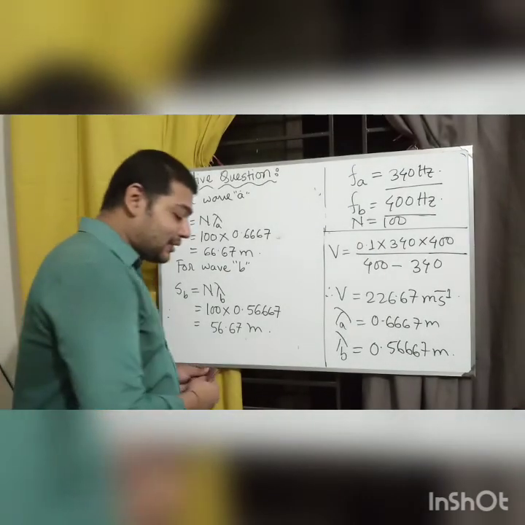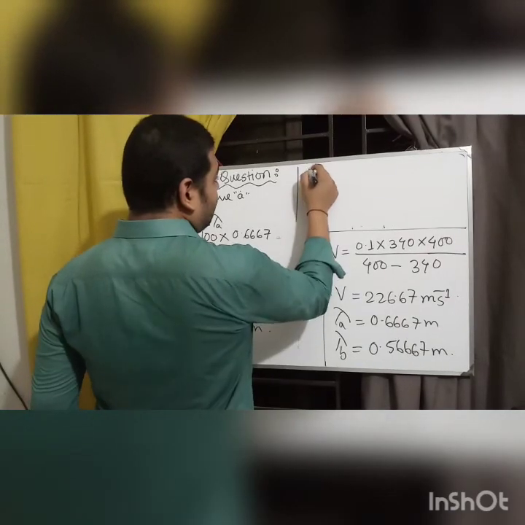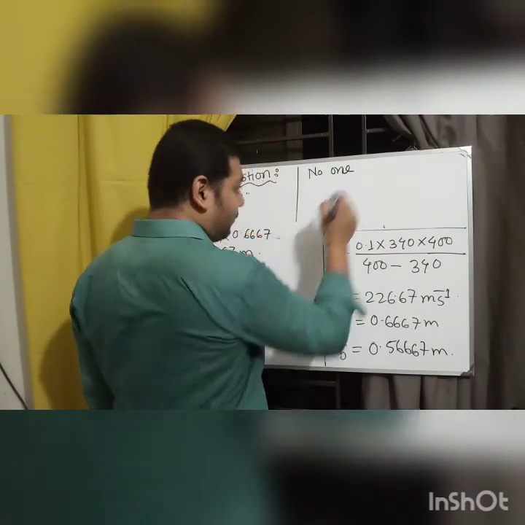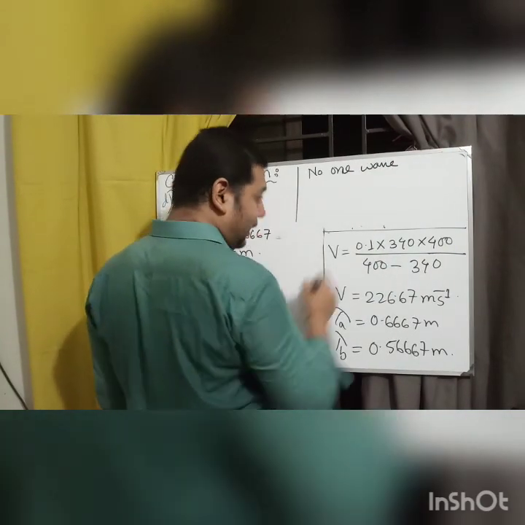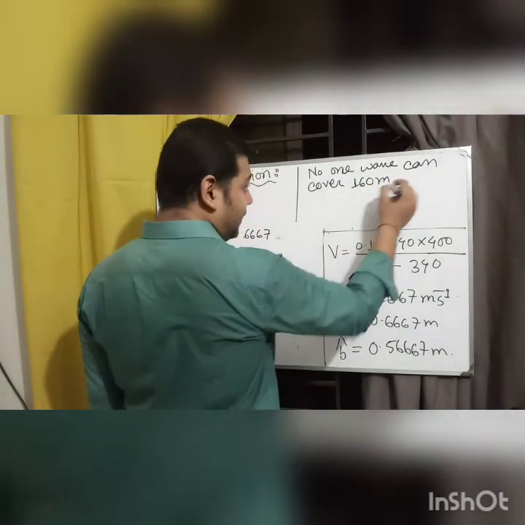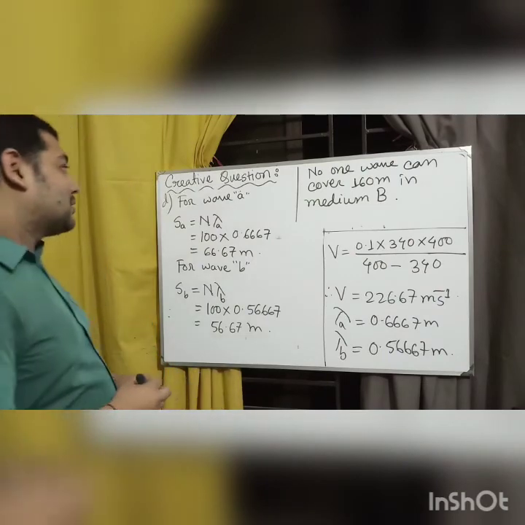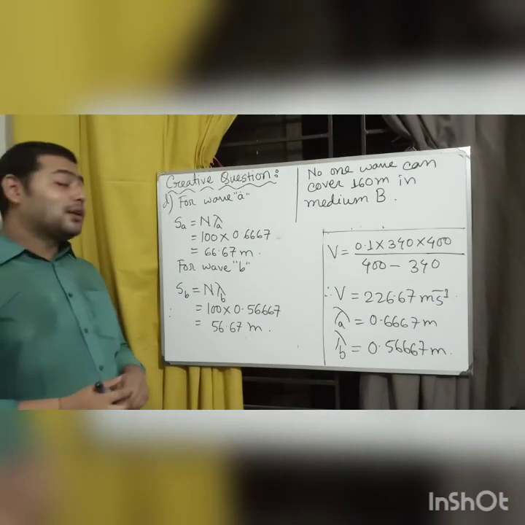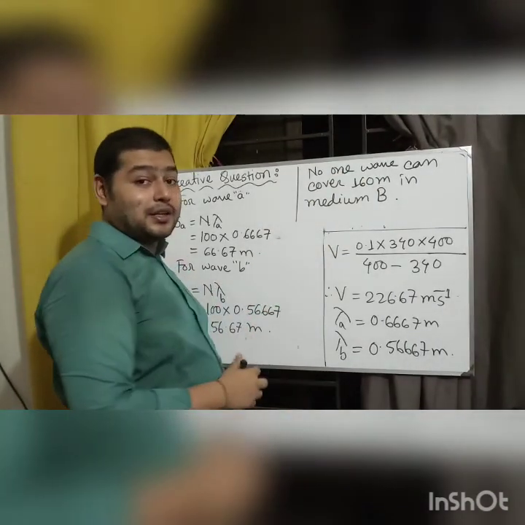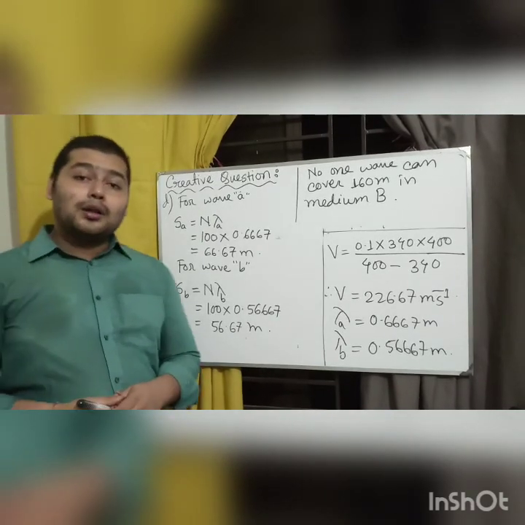Okay, so we can write, no wave can cover 160 meter in medium B. Okay, so this is our solution for question number D, and the discussion part is very important for question number D. Okay, so this is all for today.